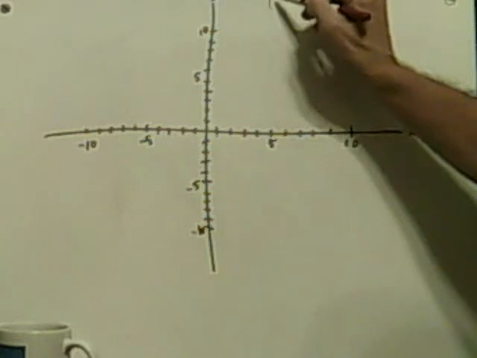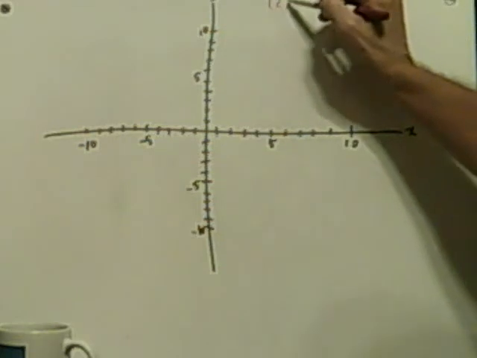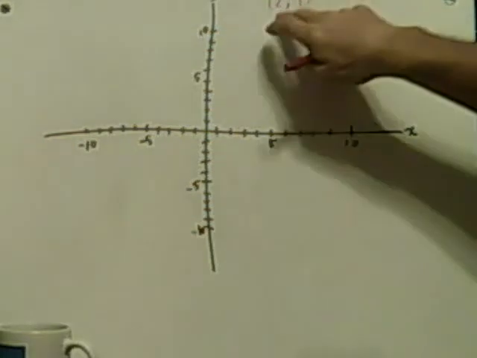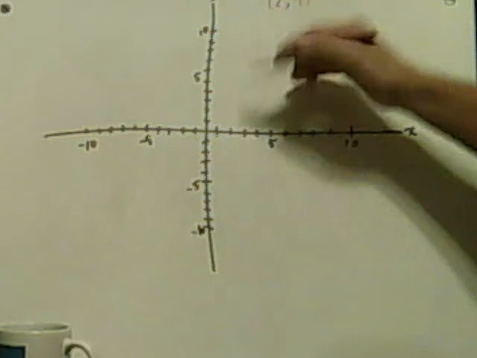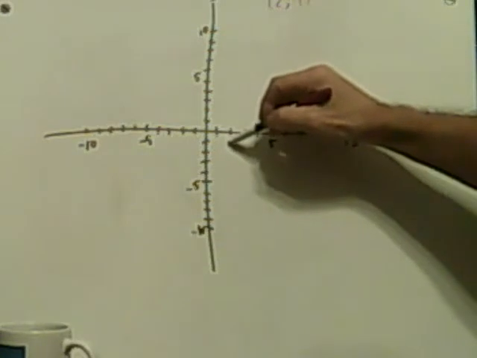Now, number 2 says, plot the ordered pair on a given rectangular system and name the quadrant or axis in which the point lies. The first one is 2, comma, -1. By convention, the first one is always the x, or horizontal axis. So that's 2, and then we go to -1 on the y, and we get a point right there.